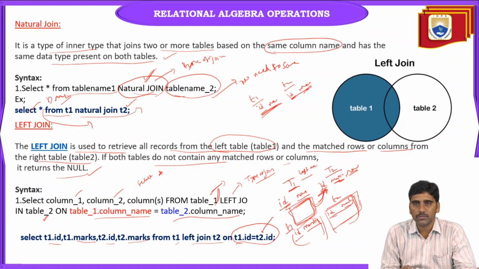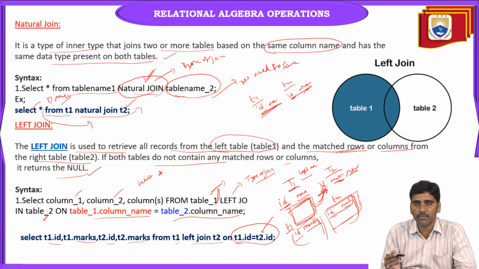Left join is used to retrieve all records from the left table and the matched rows on both tables. That is, the matched columns from both the left and right tables, and all the values from the left table. If there are no matched rows or columns, it returns null.